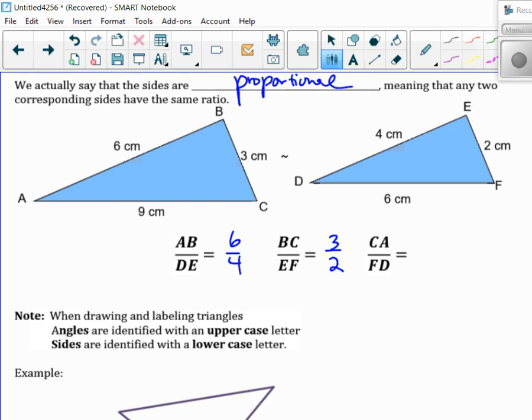Do you see these all reduce down to 3 over 2? They're all the same. Remember doing scale factor and all that good stuff? 3 over 2 would be the scale factor, meaning to go from one to another, you're using a scale factor of 3 over 2.